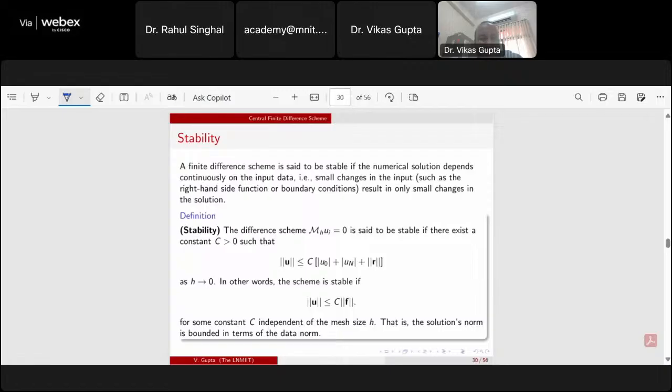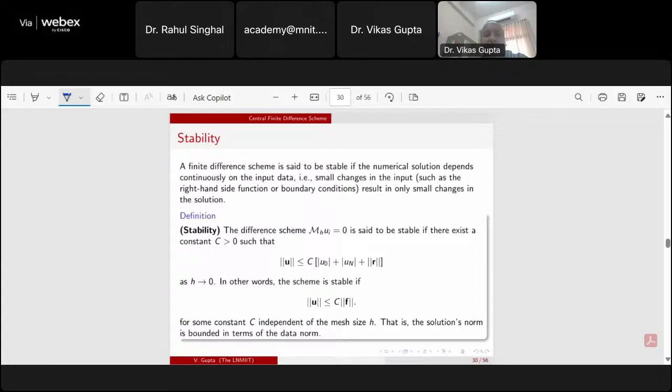So a finite difference scheme is stable if the numerical solution depends continuously on the input data. If it doesn't depend continuously on the input data, then there may be a large variation in the solution corresponding to a small perturbation in the input data. So we can define the stability of a finite difference scheme in this way.